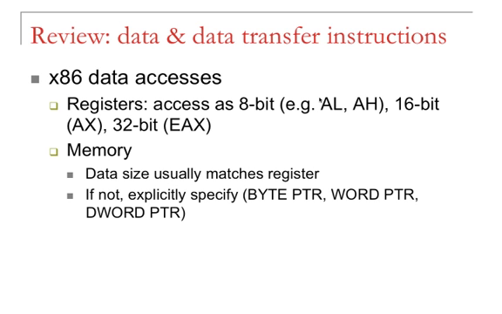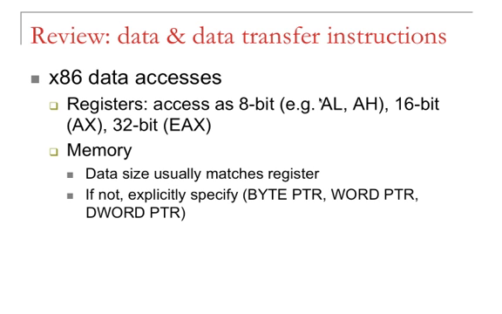For x86 instructions, operands can be retrieved from two possible locations. One possibility is from a register, and the other is from memory. For register-based operands, you see the register name used inside an instruction, and you just access that register.